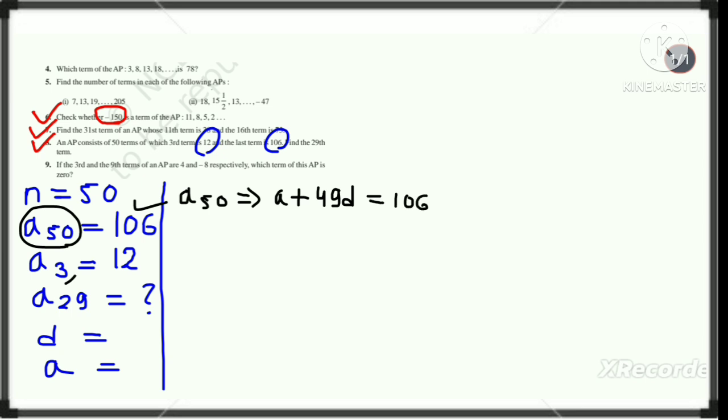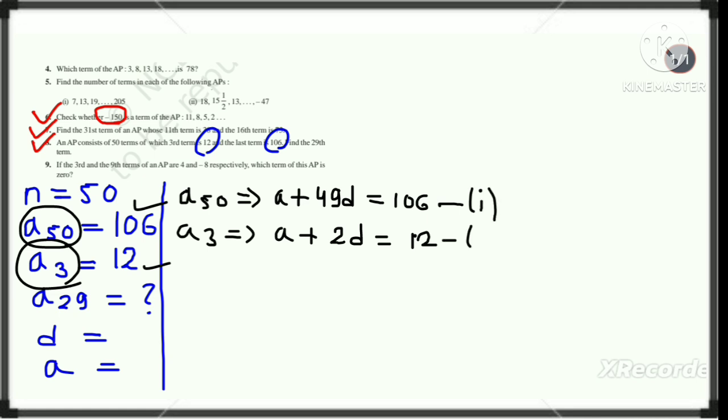Similarly, this a3 can be written as a plus 2d equal to 12, and this is our first equation and this is our second equation.